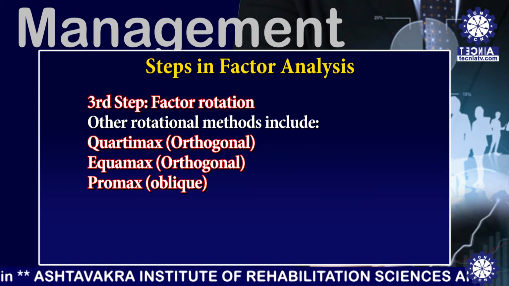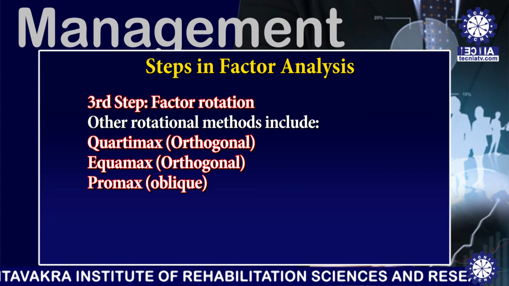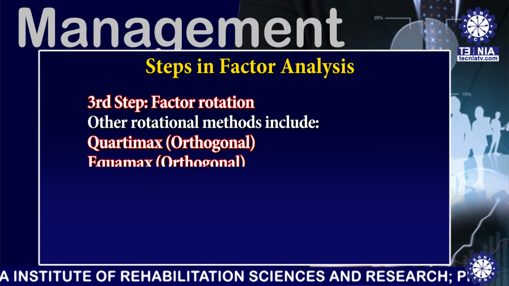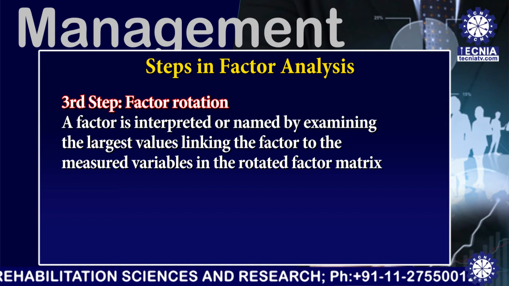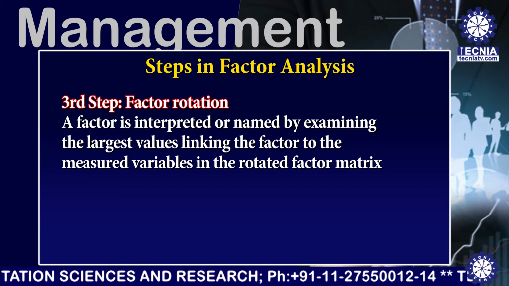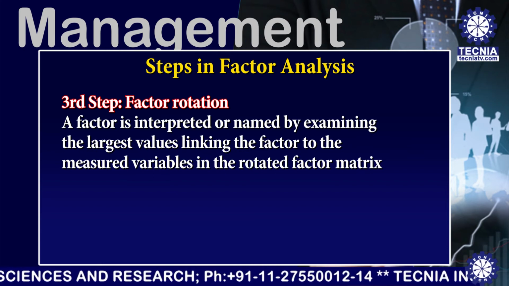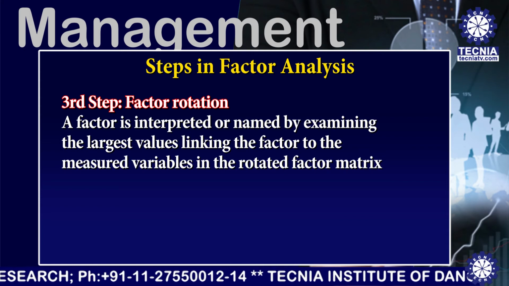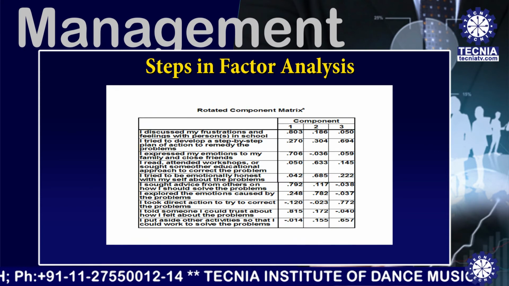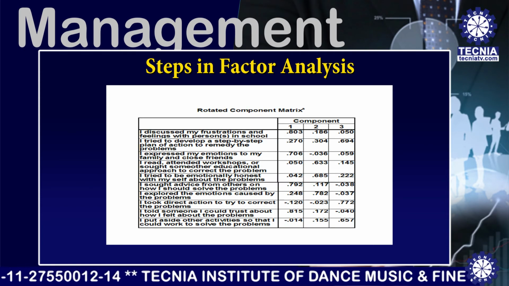Quantimax and Equamax are orthogonal, whereas Promax is oblique. A factor is interpreted or named by examining the largest values linking the factor to the measured variables in the rotated factor matrix. In this table, you will find the rotated component matrix.